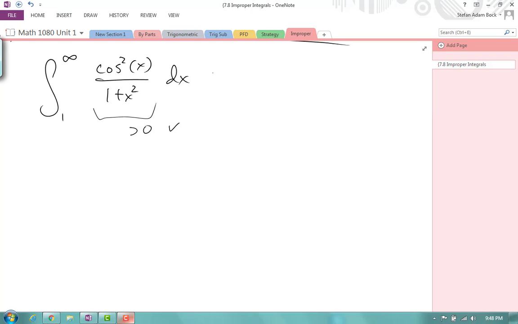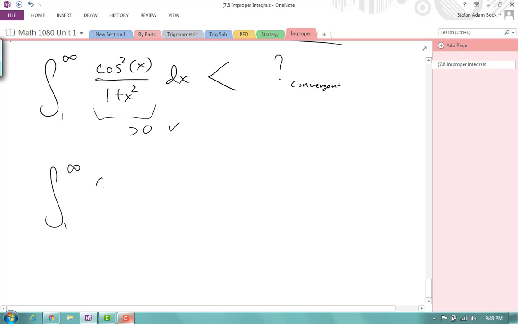So what I want to do is try to find a bigger integral which converges. So I'm going to look at my function and see what I can make bigger about it. Well, cosine by itself is always between -1 and 1.